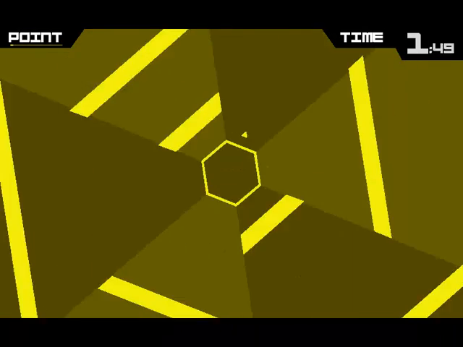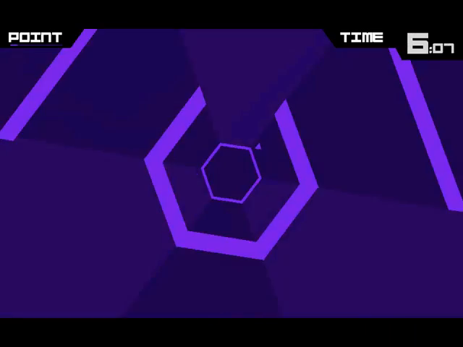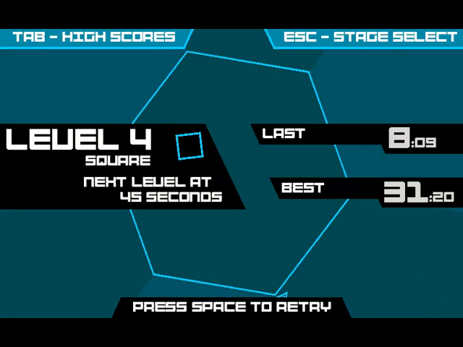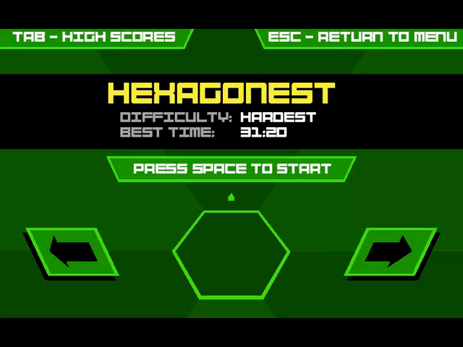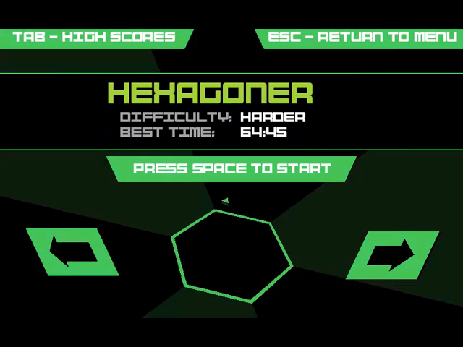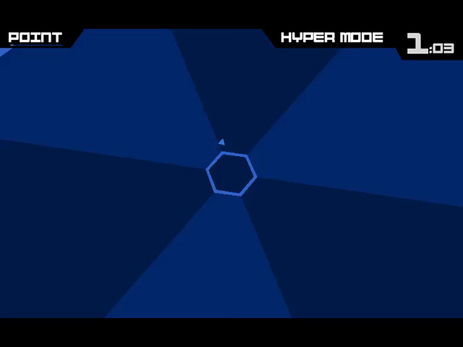This level, the most I got is 30 seconds. You die from this. This is not easy at all. The difficulty is difficult. The hardest one. The first level is 69 seconds, then 64, and then 31.